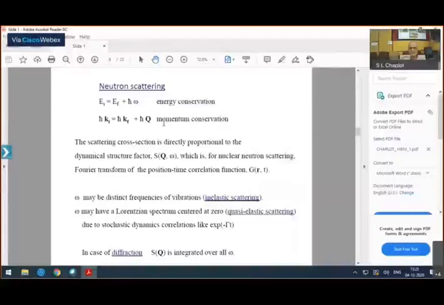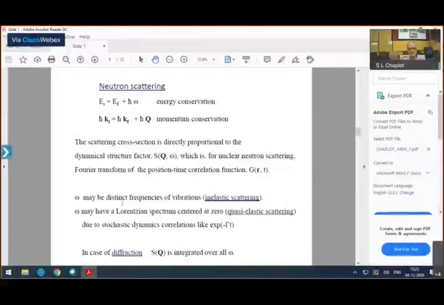So again, this can be seen as a statement of momentum conservation. In fact, you have the same kind of equations also for Raman scattering, where you talk of energy conservation and momentum conservation. So the basic principle is the same, whether you have Raman scattering or neutron scattering or inelastic X-ray scattering.